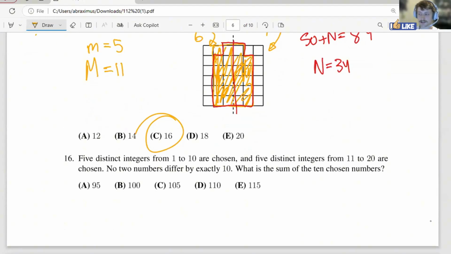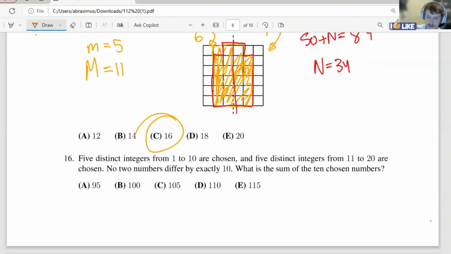In a question like this, sometimes for questions 16 to 20 on this test, you can be really smart and come up with a whole bunch of ideas about this, or you can just try to write it down. So I'm going to make the first 5 numbers as small as possible, and the next 5 numbers as large as possible, so that there's no way any of them have a difference of 10.